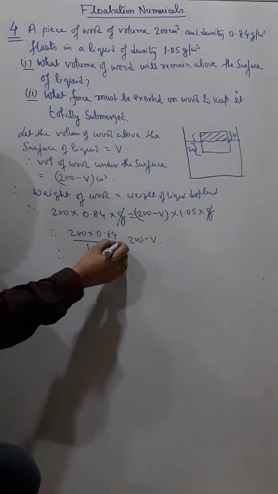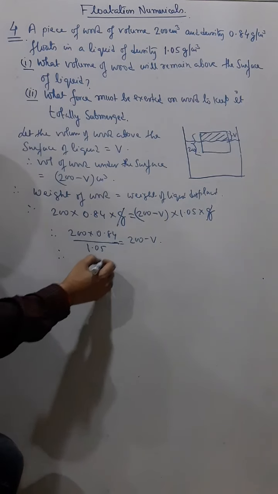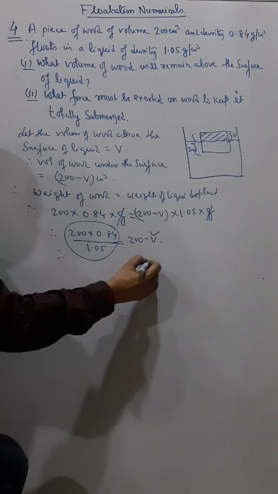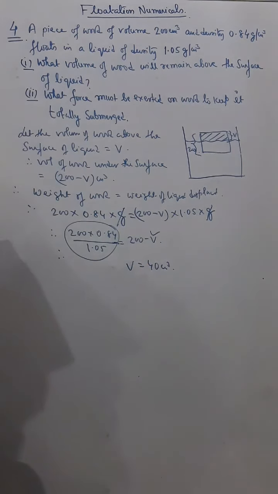Then finally after calculation we can get V, so we'll get V is equal to 40. I'm not doing the calculation, you can do that calculation. So finally we'll get the volume V as 40 centimeter cube.